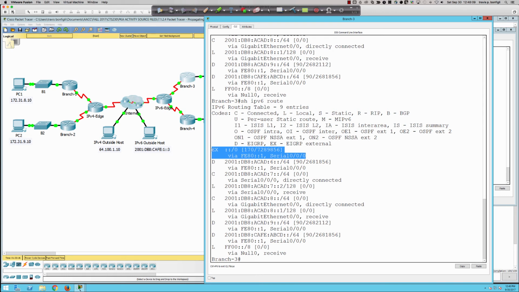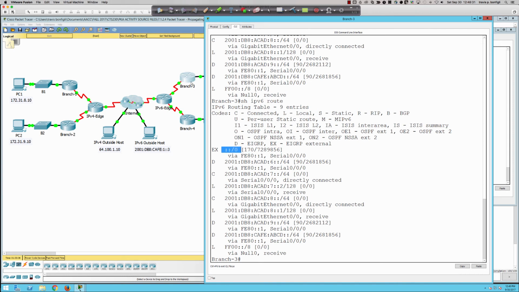So putting D and then EX is kind of redundant. So with v6, they've cleaned that up and it simply says EX. It's external EIGRP, again the same administrative distance as external IPv4 EIGRP information. And now we have our default route.